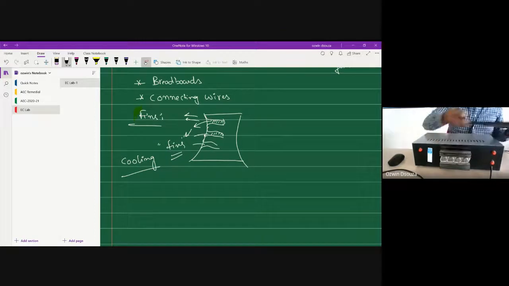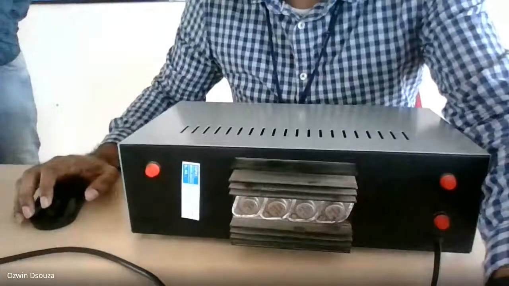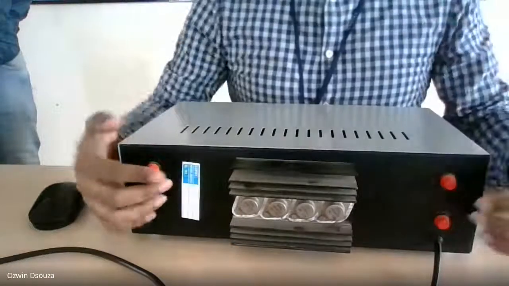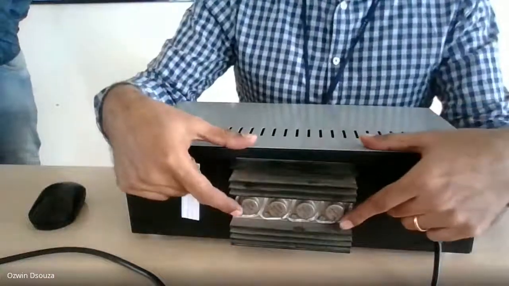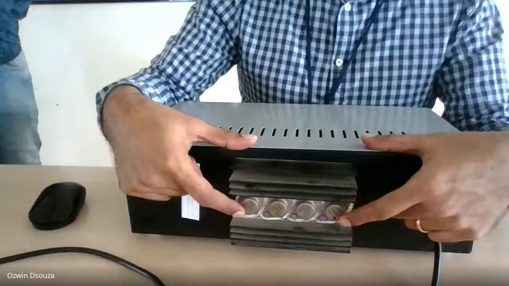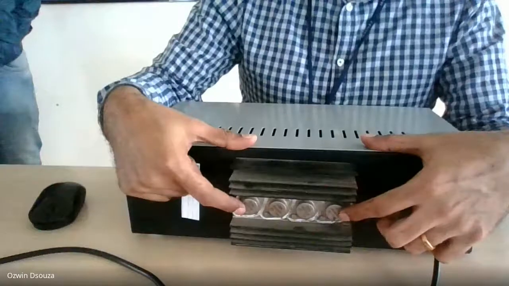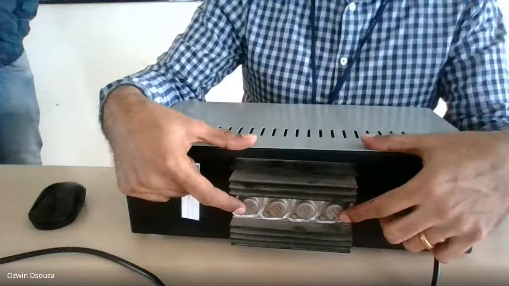Okay, so similarly, in the case of electronics, when devices, for example power diodes, are in conduction, they dissipate a high amount of power.